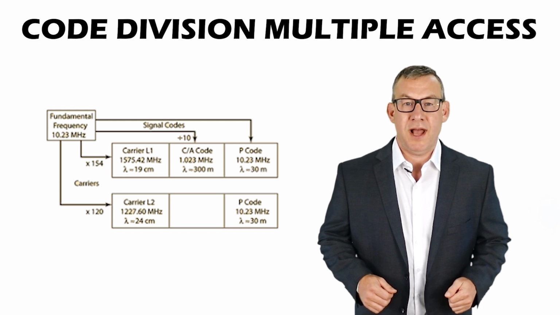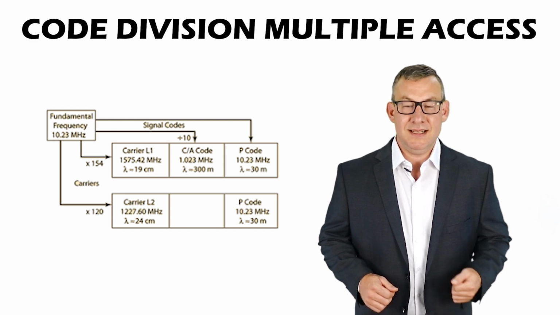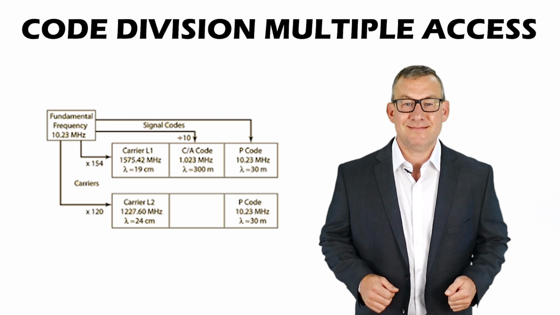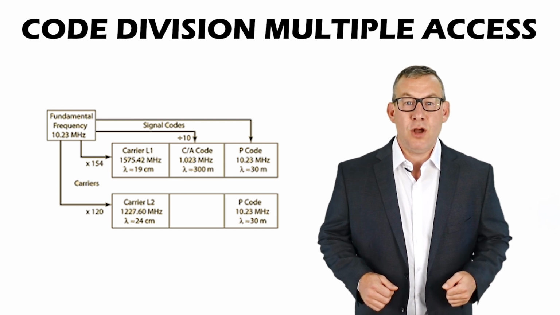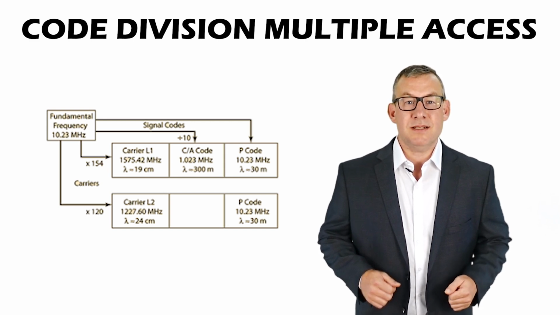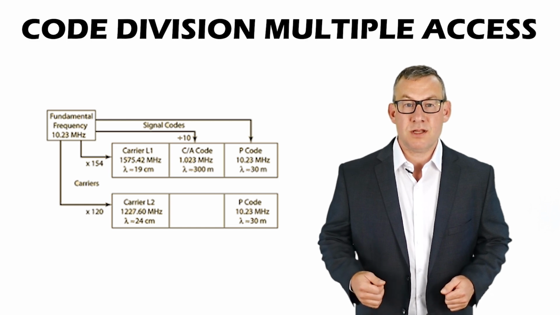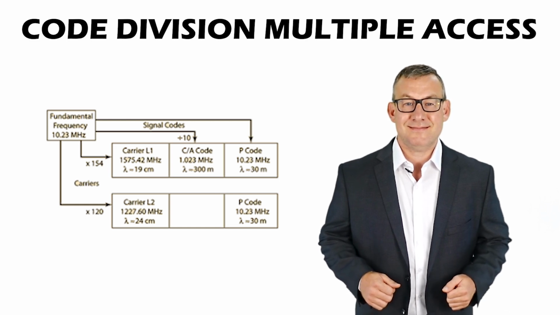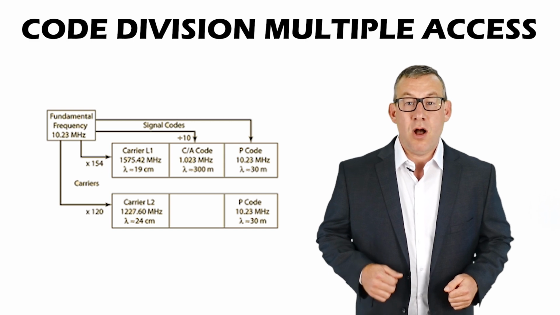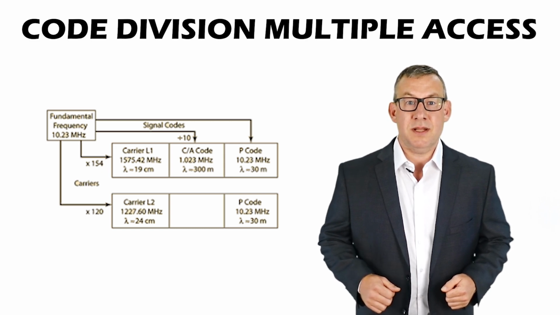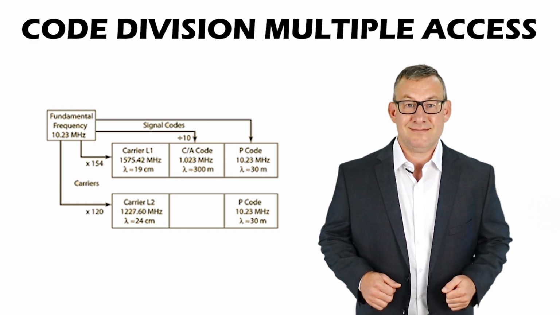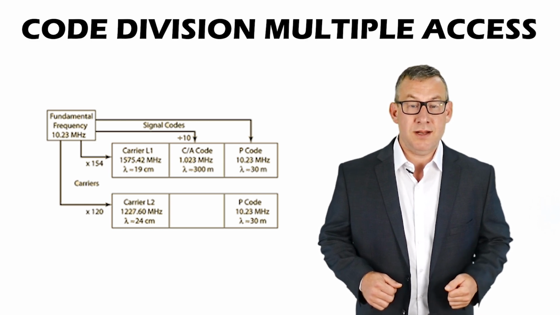Code Division Multiple Access, or CDMA. Code Division Multiple Access is the technique of embedding signals within signals. All GNSS satellites transmit signals at the same frequencies. Signals are separated into channels.